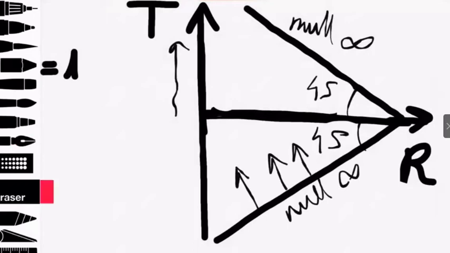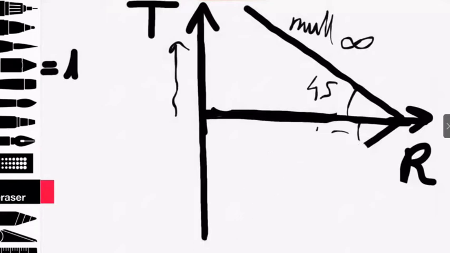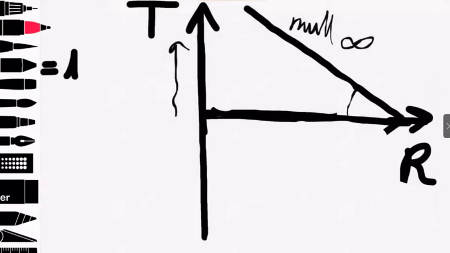So, imagine the following. You have an incoming ray of light like this one, and it reaches this axis. So what is going to happen to that ray?